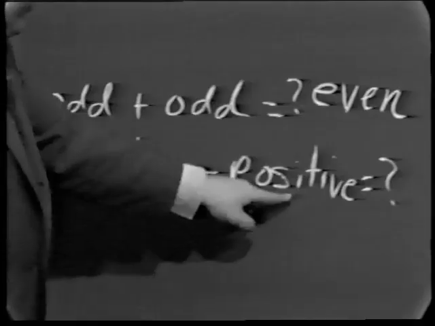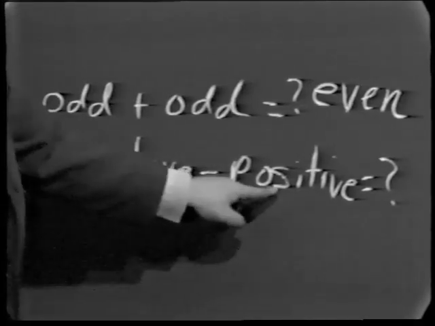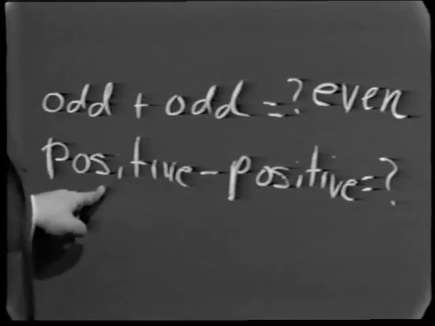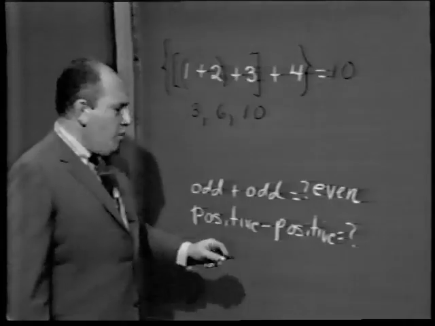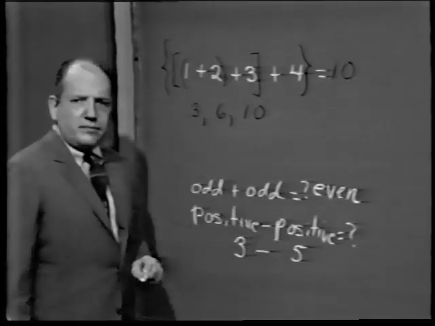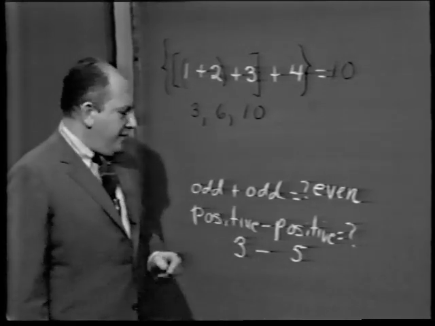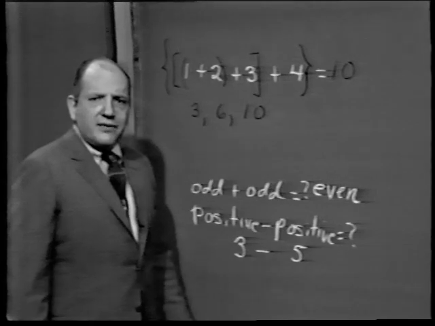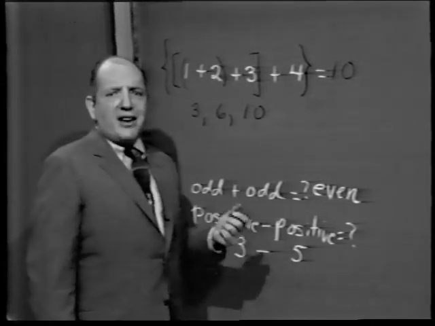On the other hand, another example, how about subtraction? That's a nice operation. If you subtract a positive number from a positive number, are you guaranteed that the result will be positive? Well, for example, what about 3 less 5? The answer would be negative 2. Positive minus positive can very well be negative. So we must be sure what? That when we combine like objects, we get like objects.